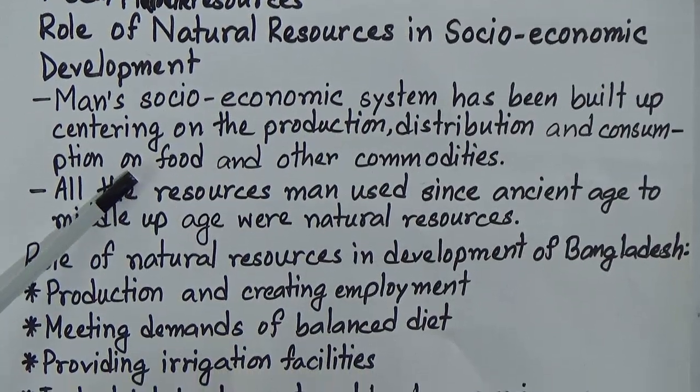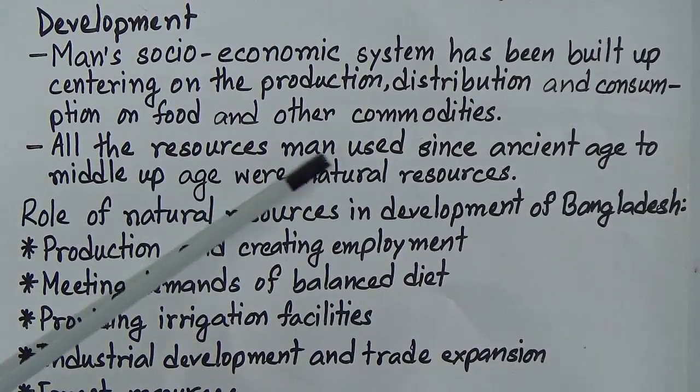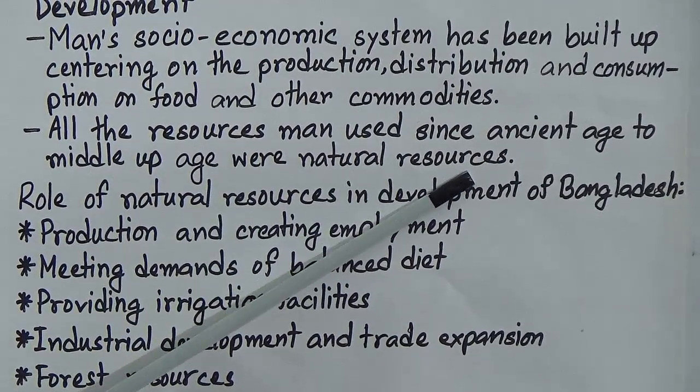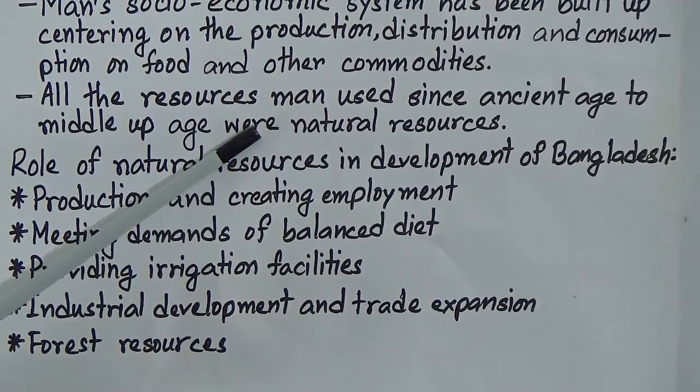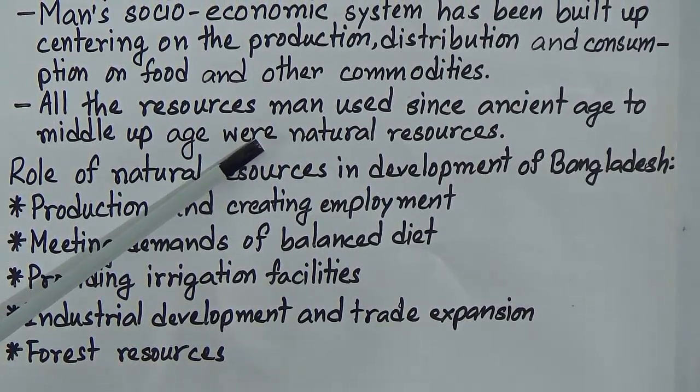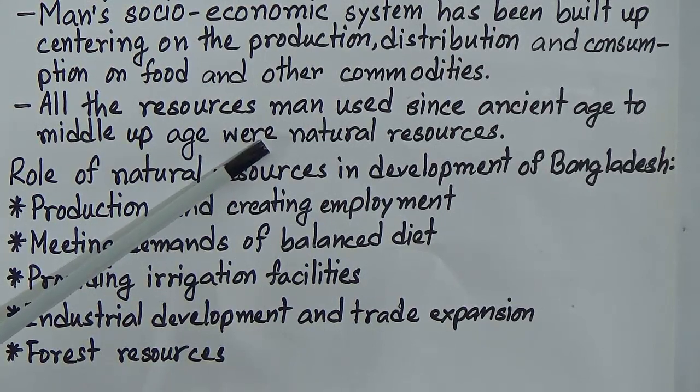And all the resources man used since ancient age to middle of age were natural resources. That means from the ancient age to the middle of age, people only used natural resources to meet their demand. And what happened in the modern age?